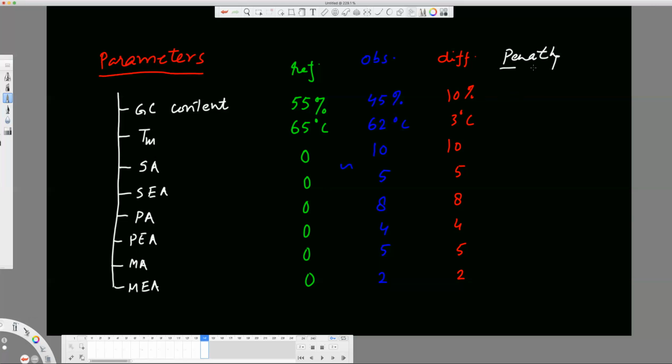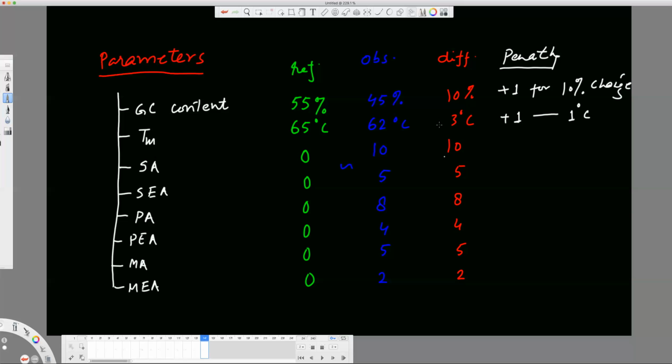This is important now. For every 10% change in GC content from the ideal value, I would say +1 penalty. And likewise, this will be different here. I will say +1 for every 1 degree change in TM. So you see, I'm giving more importance to TM just because even a 1 degree change in TM is important, right?